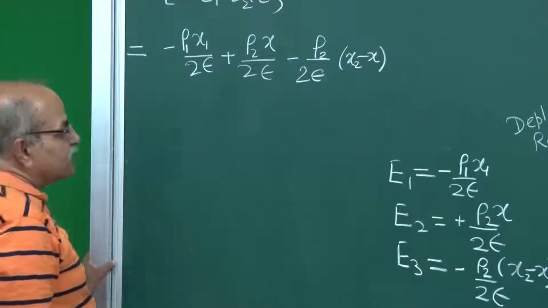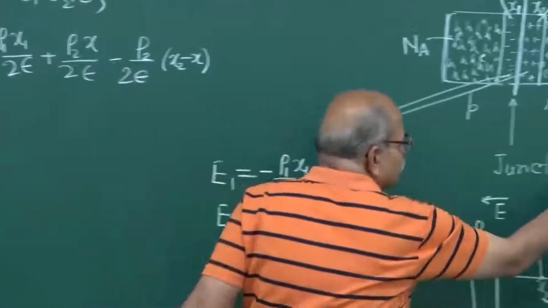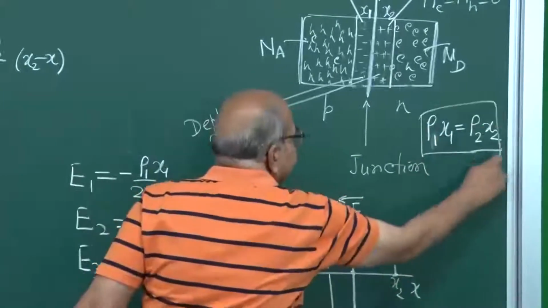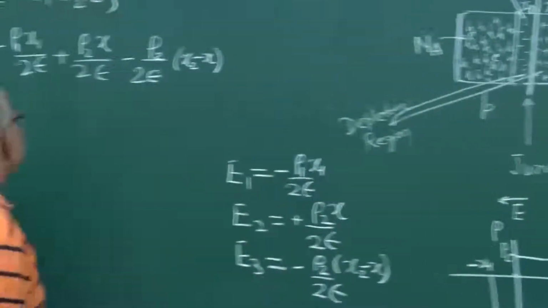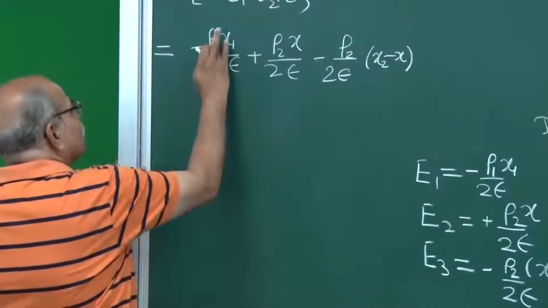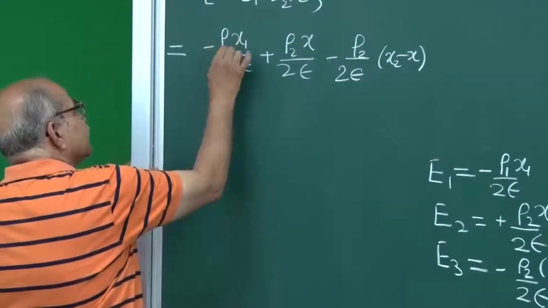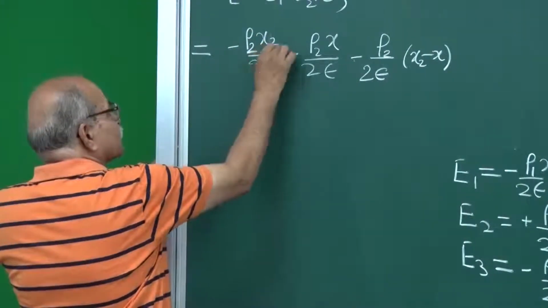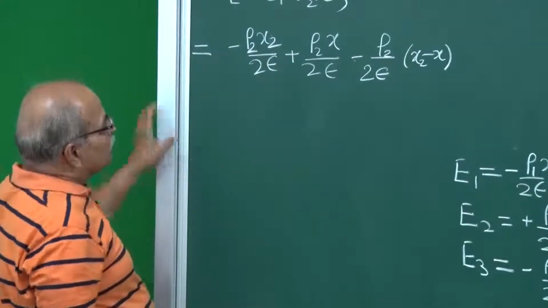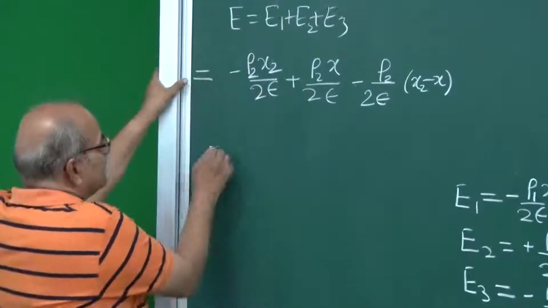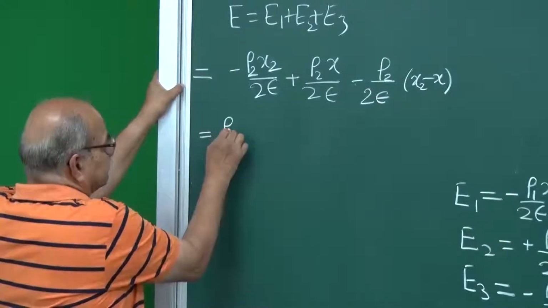And this rho 1 x1 I can write as rho 2 x2 from here. So I can just replace it here itself: this is rho 2 and this is x2. You see rho 2 over 2 epsilon is common, I can take it out.